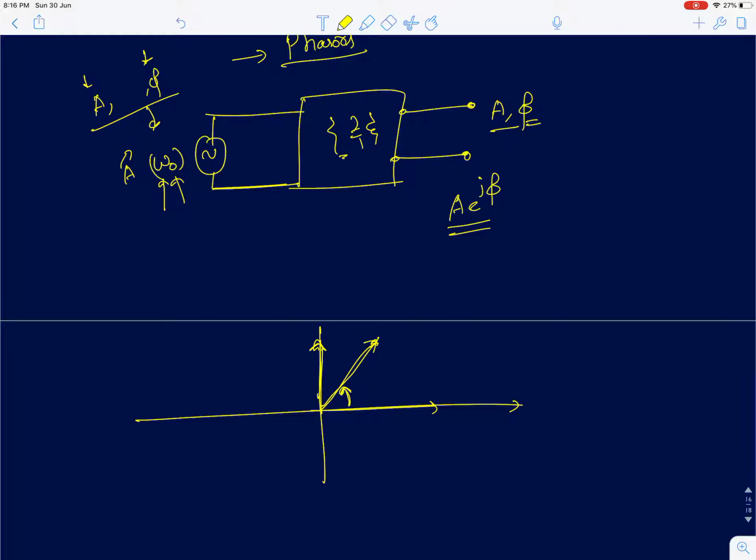Such a representation is called phasor representation, and it finds applications in power systems, because normally in power systems you apply a single frequency source like 50 Hz or 60 Hz. When analyzing power systems, where power is transferred over long distances, we use phasor analysis in power electronics and power systems.